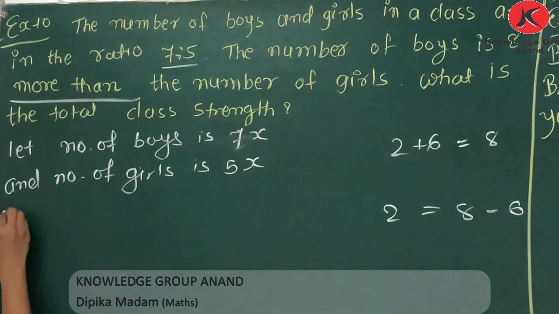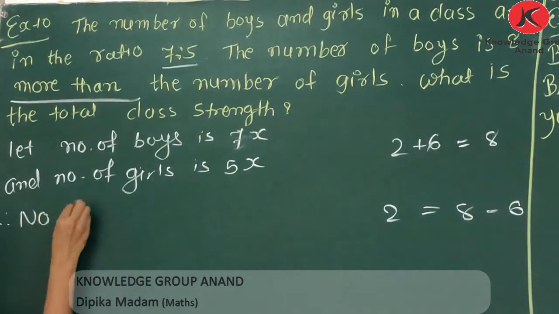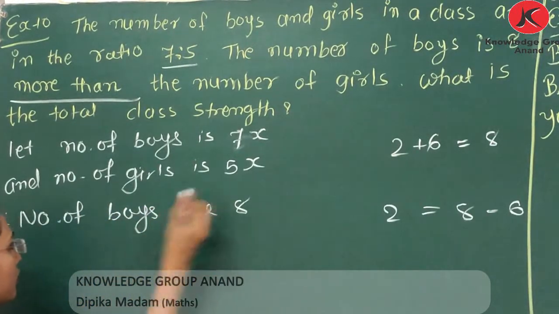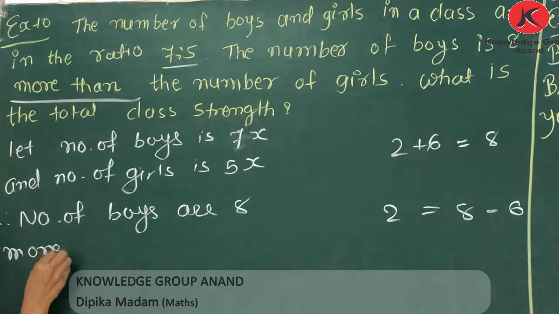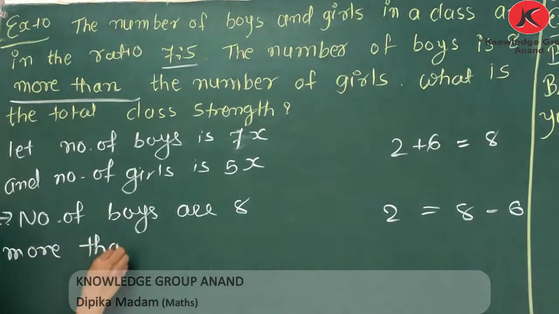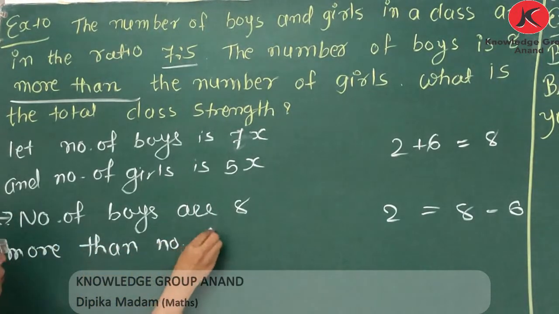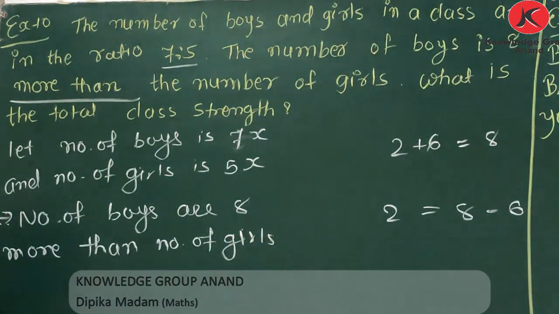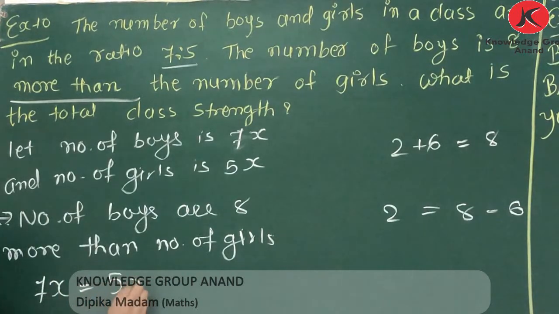So here we can write, number of boys are 8 more than number of girls. So we can write 7x is equal to 5x plus 8.